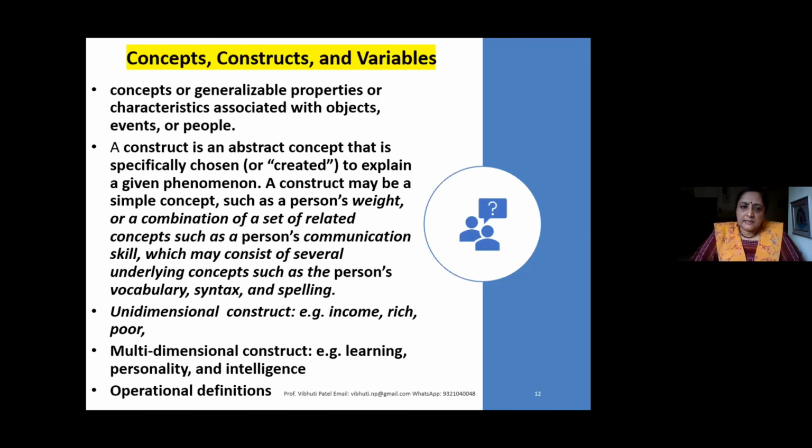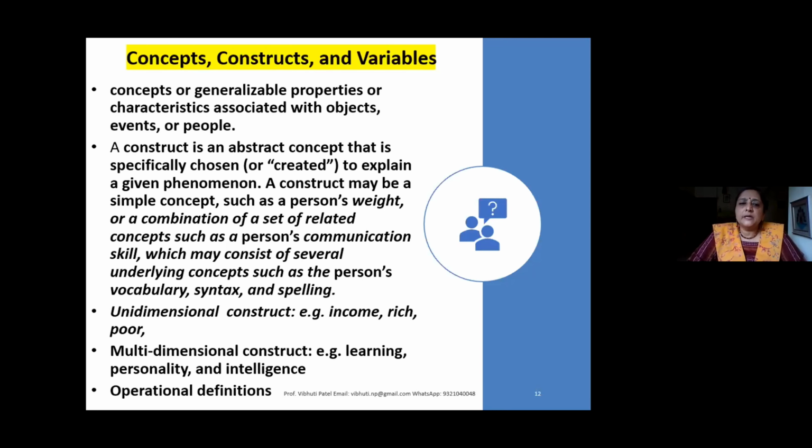So a person's weight, or a combination of a set of related concepts, like how malnutrition has affected cognitive ability, because you need a rich protein diet to be articulate, to have good memory, to understand mathematics.